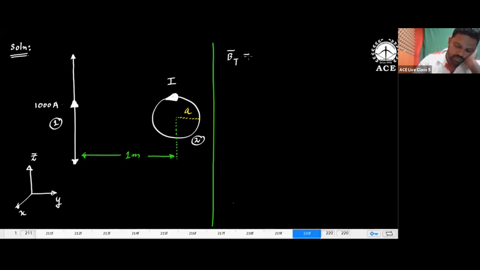B total is equal to B1 plus B2. So what is this B total, beta? What is that B1? I'll call this is I by mu naught into 10 to the power of 3 by 2 pi rho.